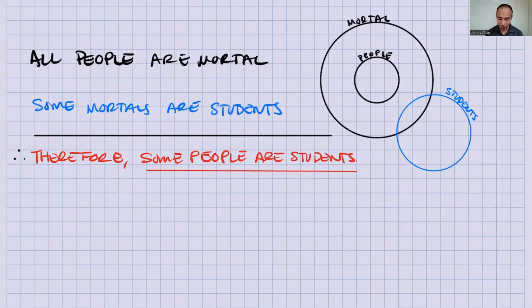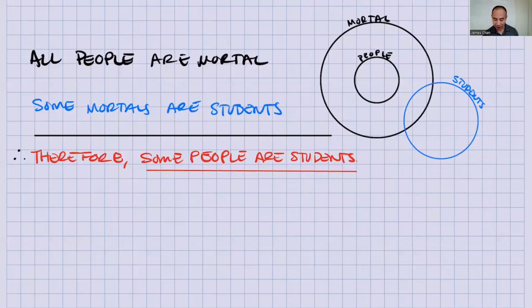Because this has nothing to do with this part. In order for some people to be students, this circle would have to intersect with the people, which it doesn't. Because this statement right here only says that some mortals are students.